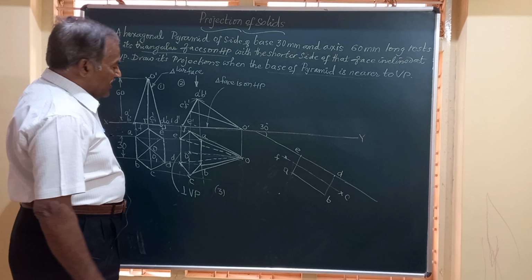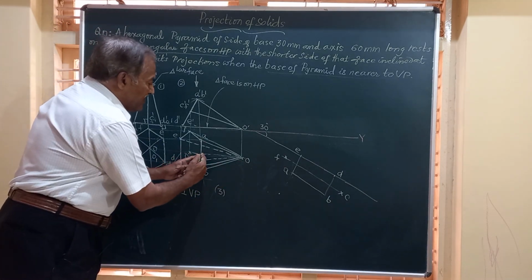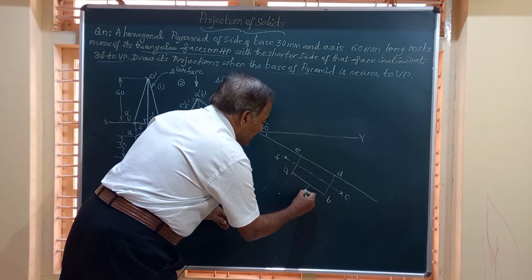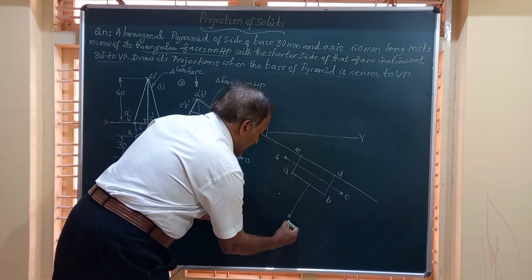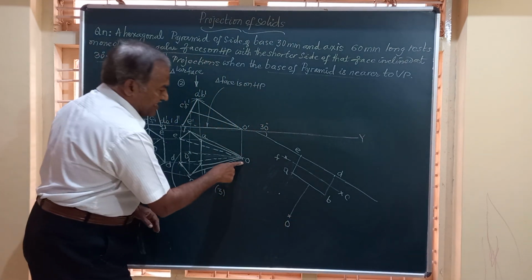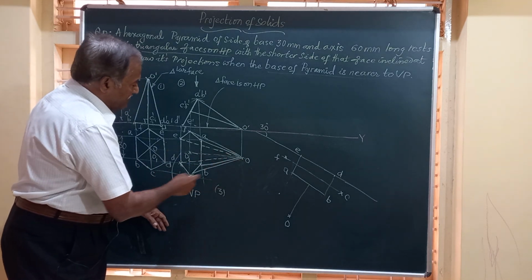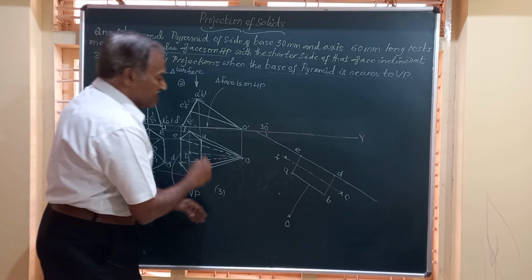Then friends, I should locate this O, the vertex. From AB, you can measure this distance and transfer. So from here, I will mark this point as O, the vertex, and join this O to all these corners A, B, C, D, E, F, and we should get a figure exactly similar to this.